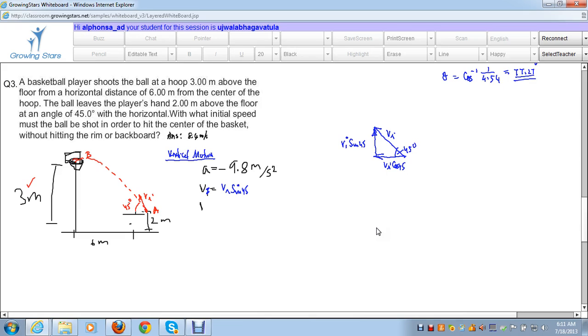So what's the vertical height traversed? 1 meter. It's only 1 meter. So you can write height, X or Y you can put, that's 1 meter. So which formula do we use?